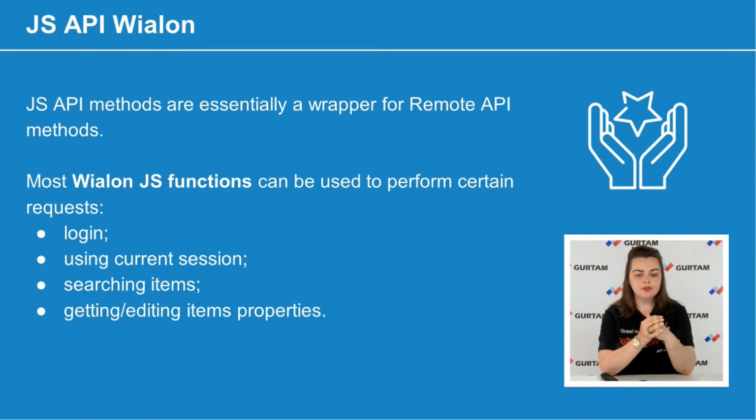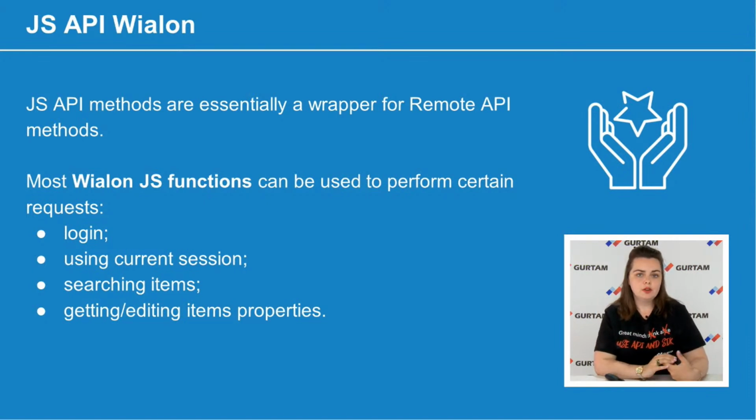But we also developed separate methods, functions, for the JavaScript API, which give you access to the Wialon features through your JS web application. And the JS API functions themselves request information from the Wialon database.